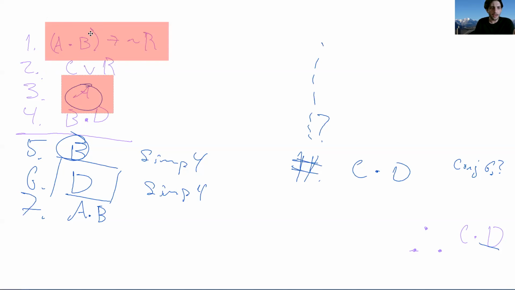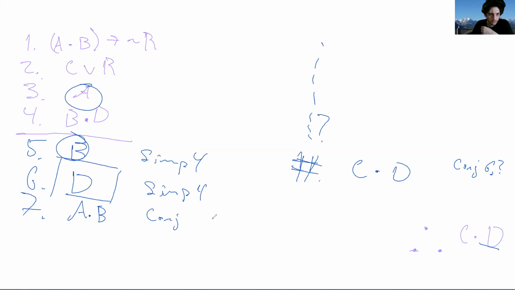Now that I have A and B, I can get A and B with a simple conj, and then right away I'm going to do my modus ponens. So on 7, we're going to do our conj, preparing ourselves for the modus ponens. This is going to be 3 and 5.